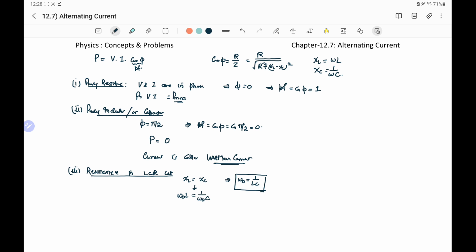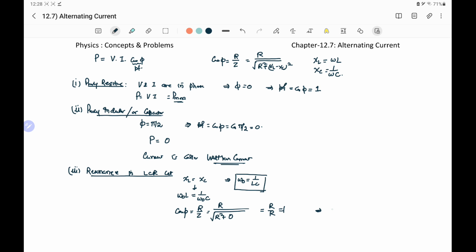If we put the value of XL equal to XC in the formula of power factor mentioned above, we will have cos phi equal to R by Z, that is equal to R by root of R square plus 0, or it is equal to R by R, that is equal to 1.